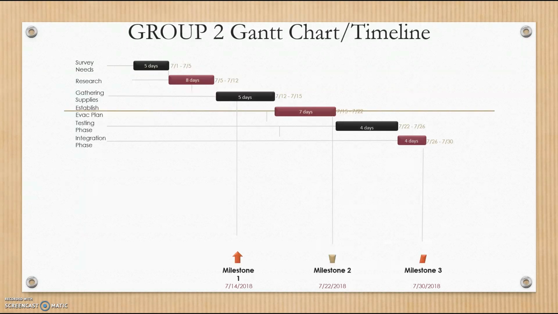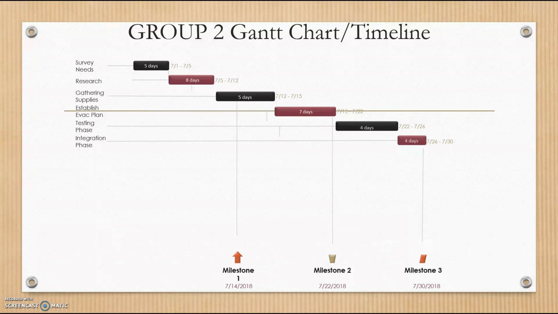So here's our timeline right here, and you can see we want to spend around 5 days surveying the needs of our area. We want to really get to know the areas around us.